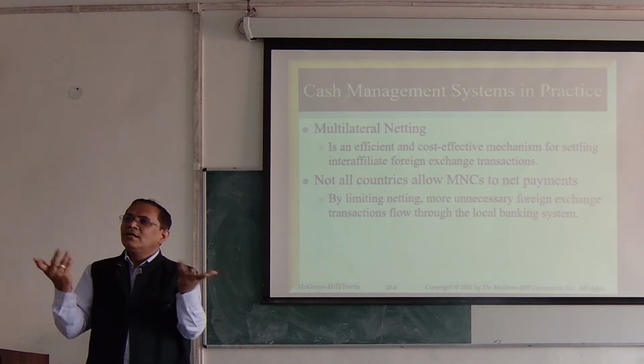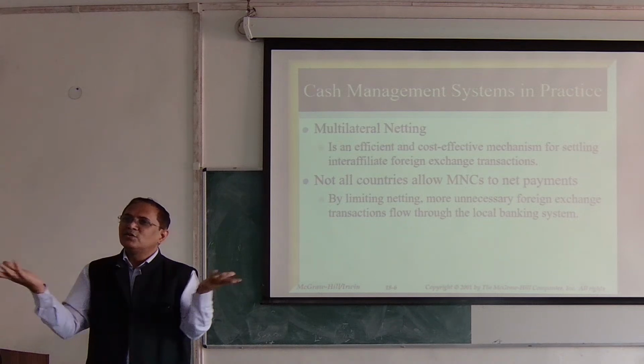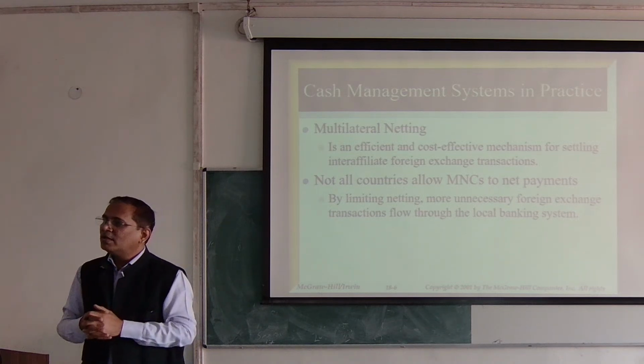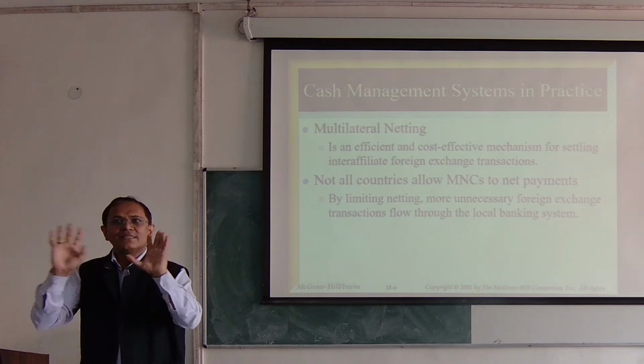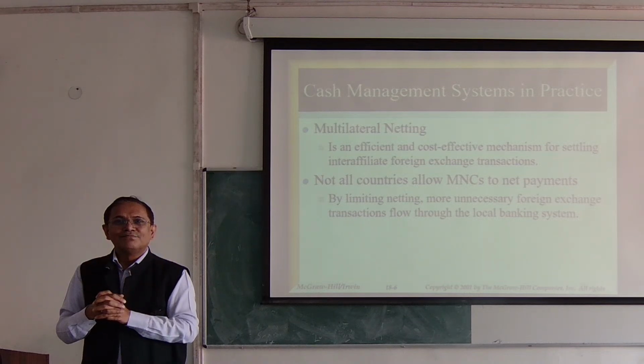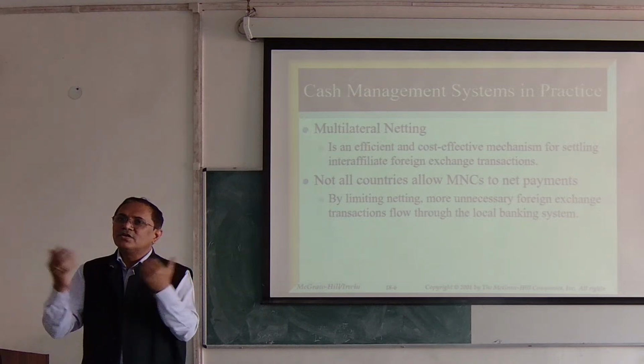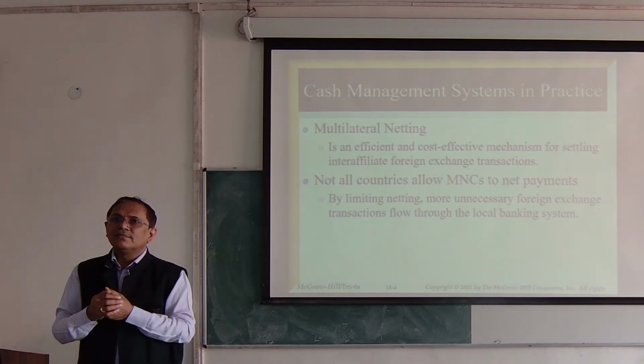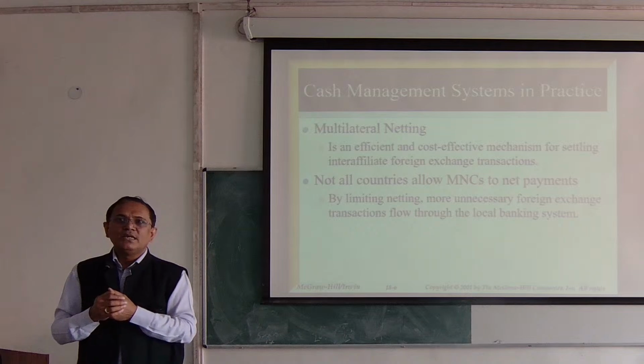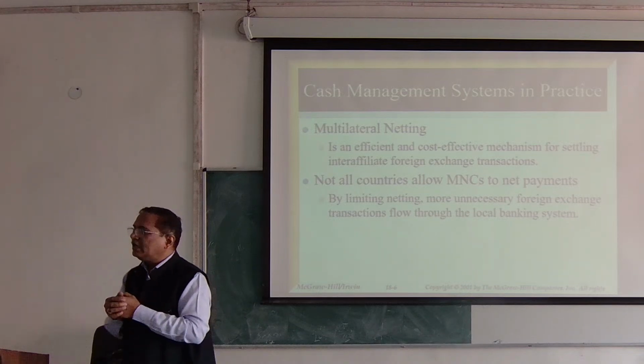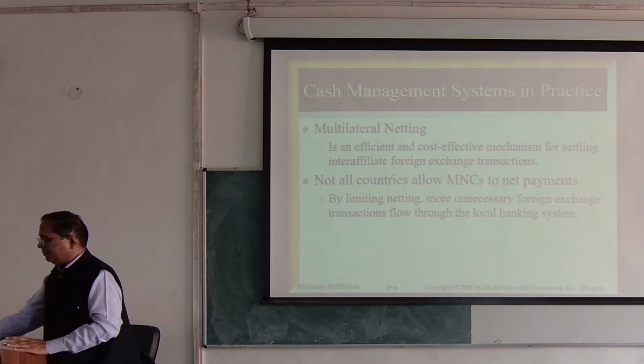I said, dear, no problem, even I had to give you 100, so it's over. Don't make any payment, no transaction. Payment has already been settled without any transaction cost. This is multilateral netting. It can easily be done. So how netting out can take place, that is what we are going to discuss.